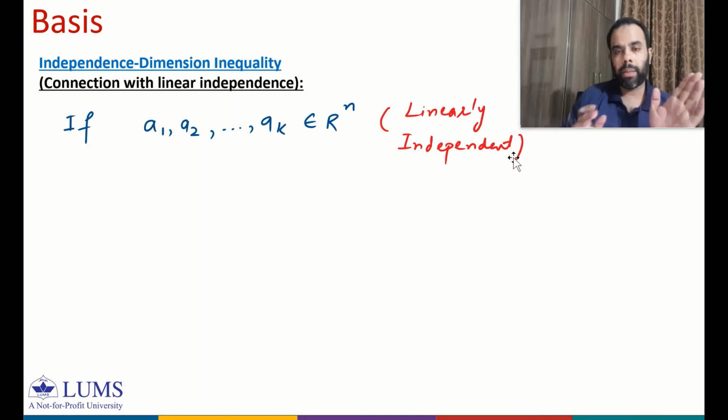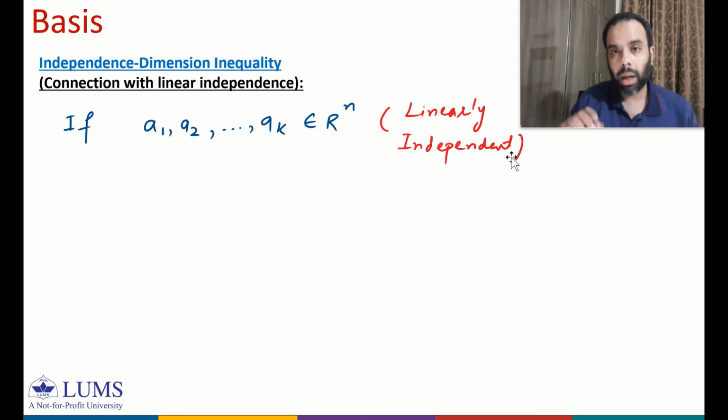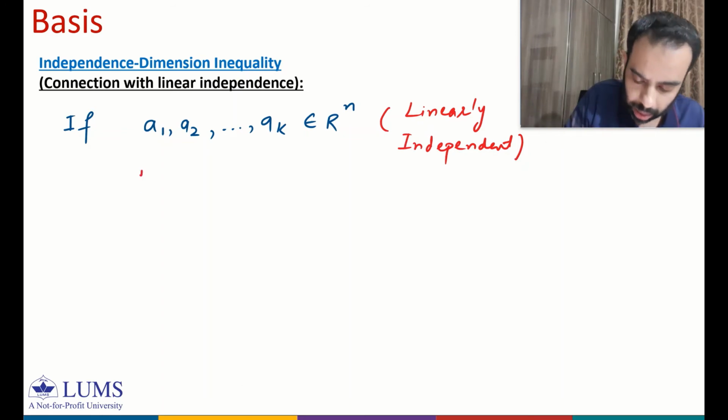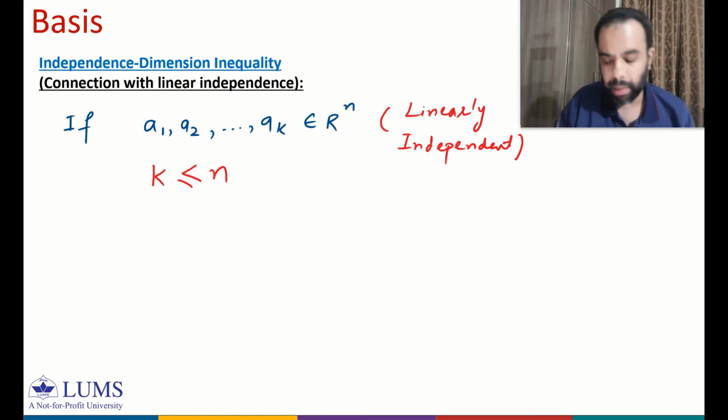If we are in two-dimensional space, the maximum number of linearly independent vectors is 2. If you are in three-dimensional space, the maximum number of linearly independent vectors is 3. So we can say the number k of linearly independent vectors in n-dimensional space should be less than or equal to n. And this is in fact called the independence dimension inequality: the maximum number of linearly independent n-vectors is n.